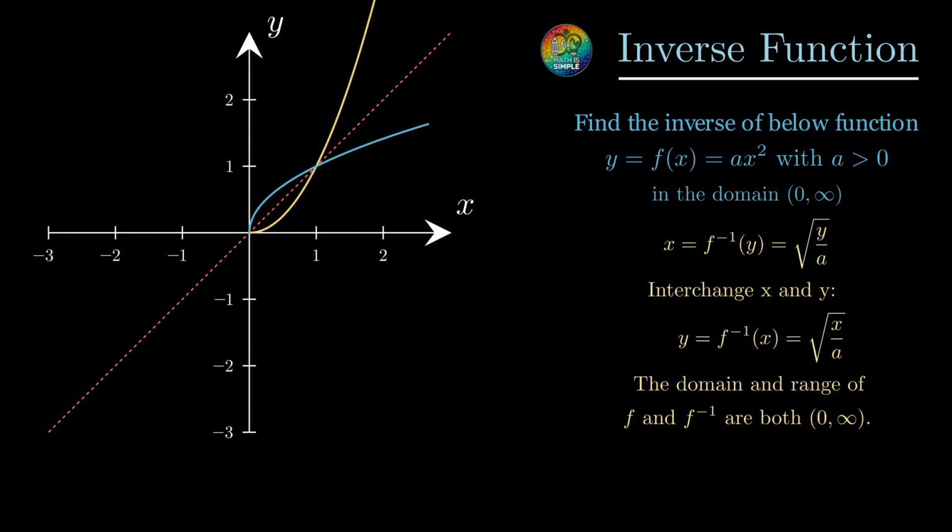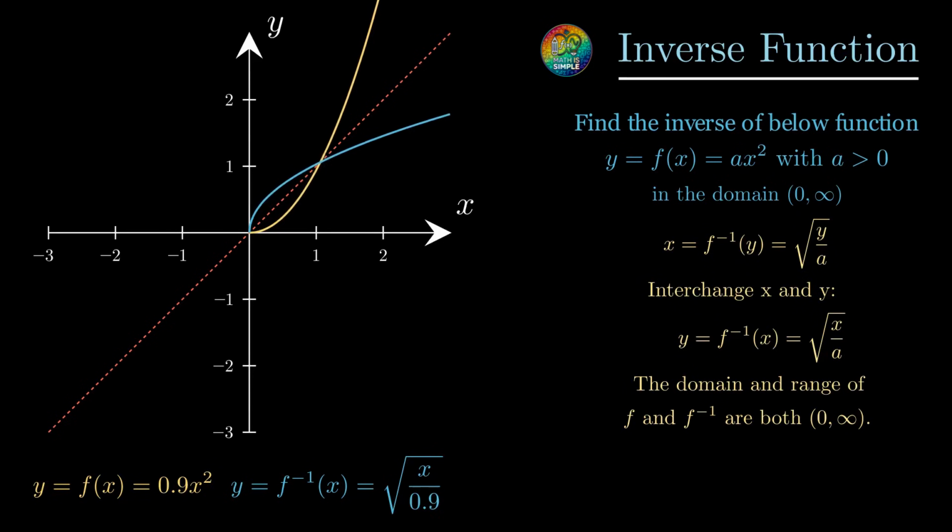On the left, notice how we only graph the right arm of the parabola in yellow. The blue curve represents the square root function f inverse. Just as before, it forms a perfect mirror image of the yellow curve reflected across the dashed line y equals x.